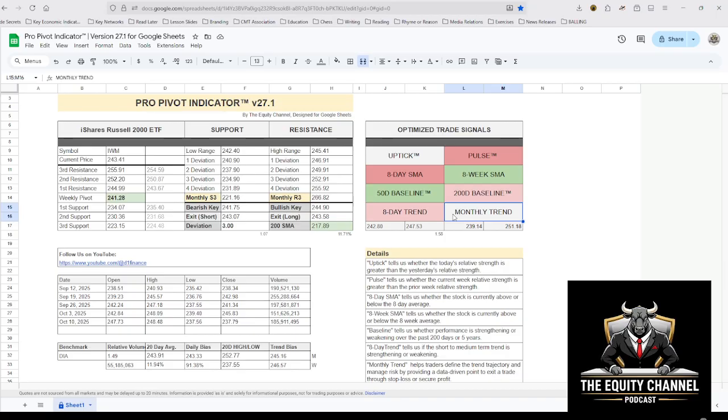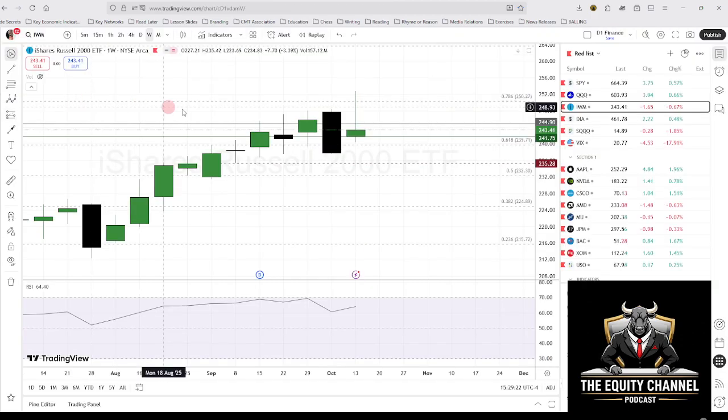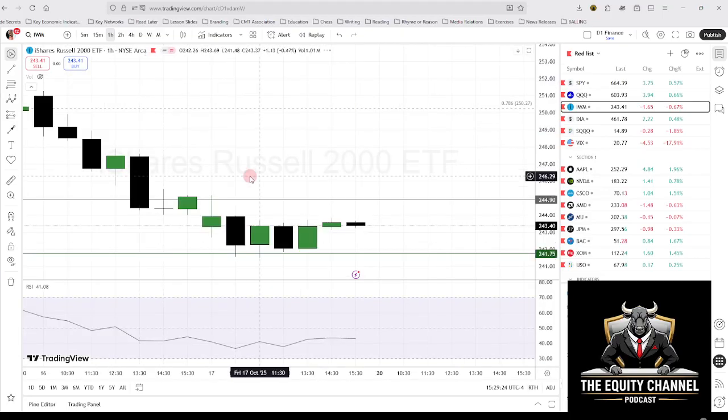So if I can get the monthly signal triggered, and it also closes the week with that signal triggered, then I have macro confirmation. Now I can take that trade right then and there, or I can look at a lower time frame chart like the hourly chart, for example.